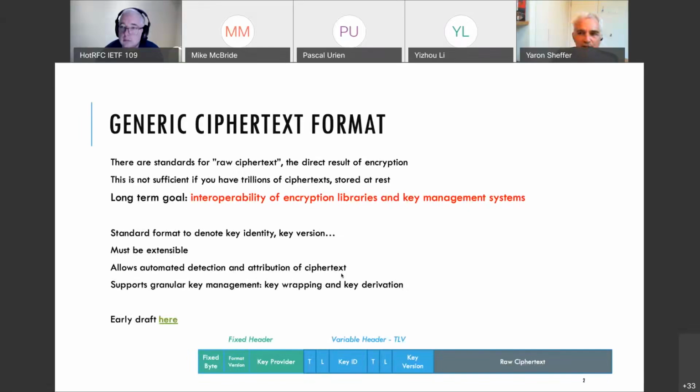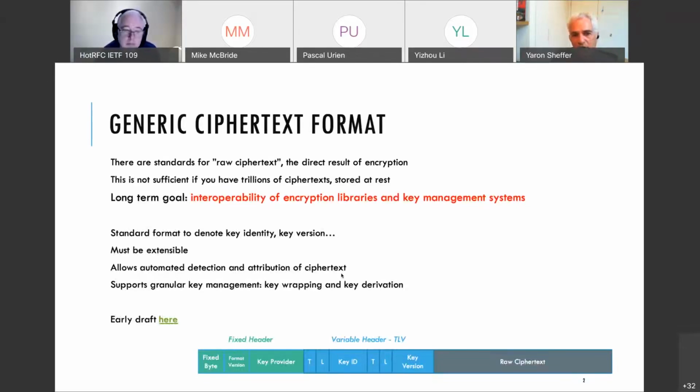There are some standards for data in motion, some standards in the PKCS 11 and KMIP world, but no standards for data at rest that apply to more than one key management system or more than one library.